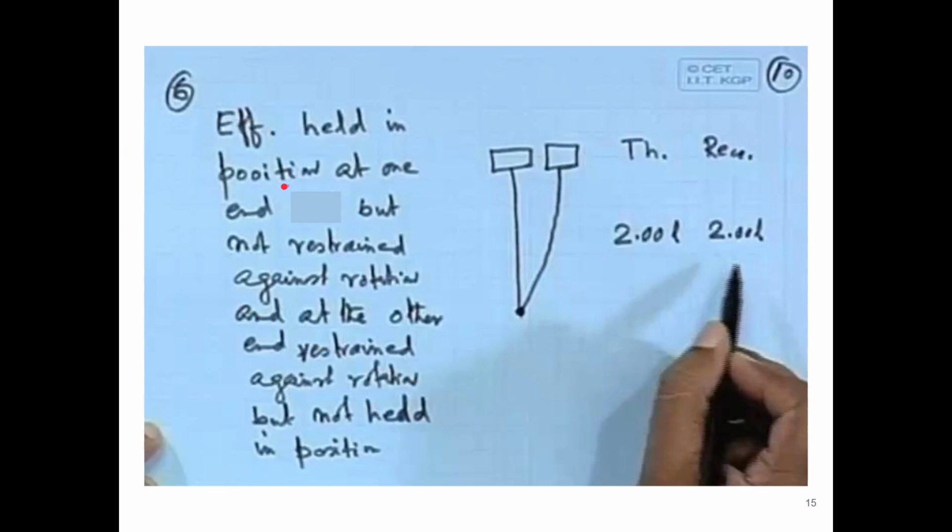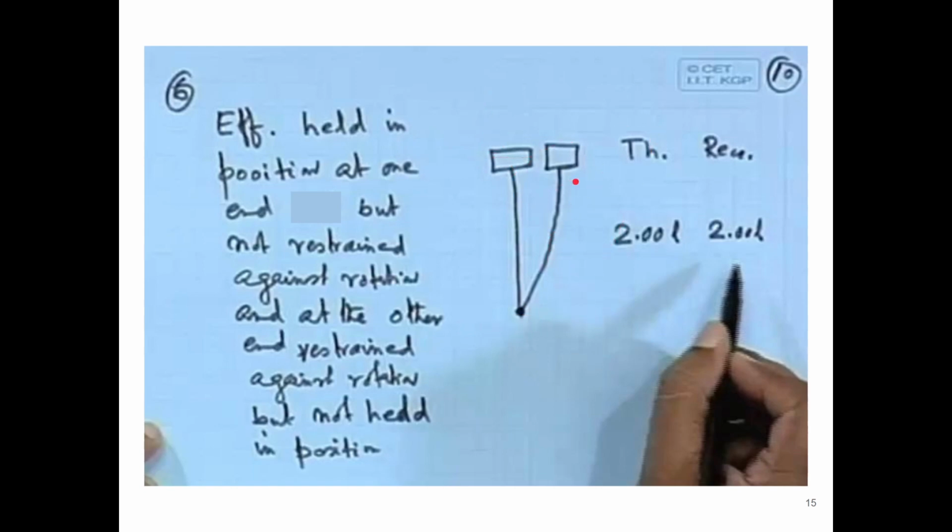In the sixth case, it is effectively held in position at one end but not restrained against rotation. So this is a pin support. One end is pin supported and the other end is restrained against rotation but not held in position. So one end cannot move but can rotate, and the other end can move but cannot rotate. So it is the opposite: at one end movement is possible, at the other not, but here rotation is not possible, there it is possible.